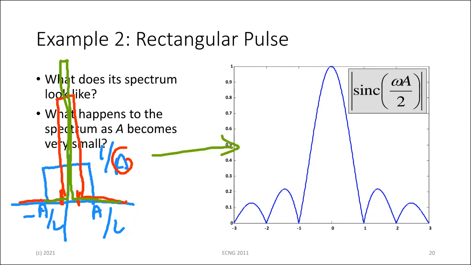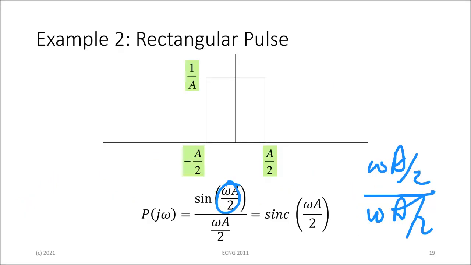but then what happens in the frequency domain? These points here are functions of omega a over 2. These are where omega a over 2 becomes 0. So if a starts to get smaller, let's go back to the function here. As a gets smaller, this bit below here starts to get bigger, right?